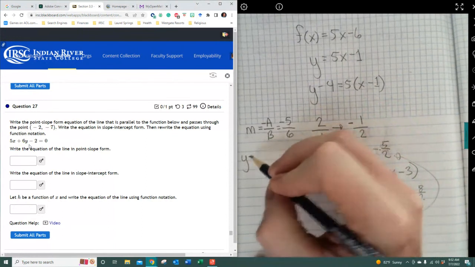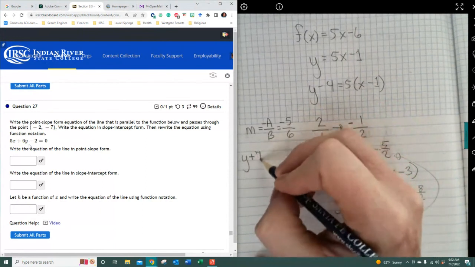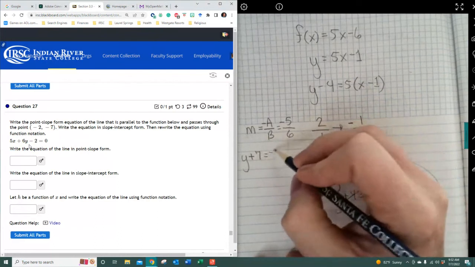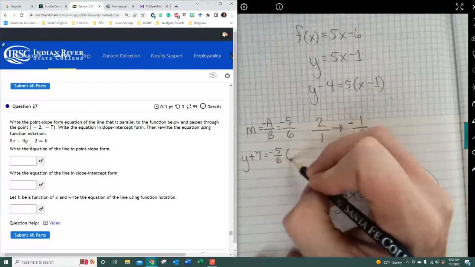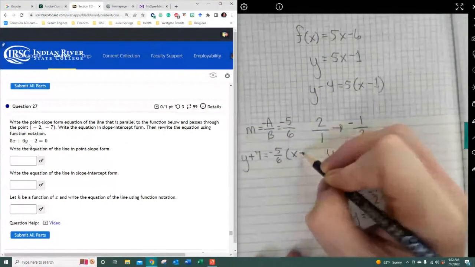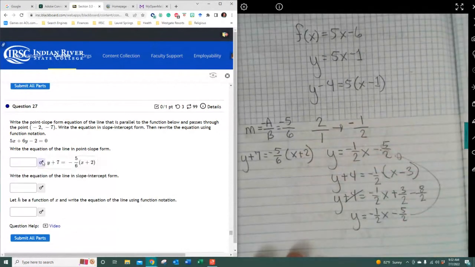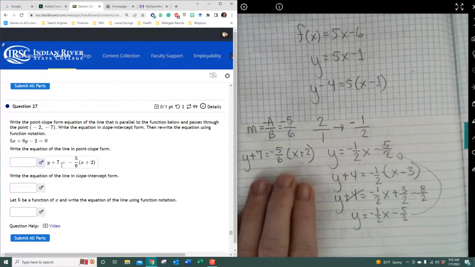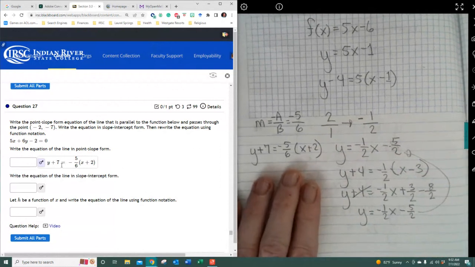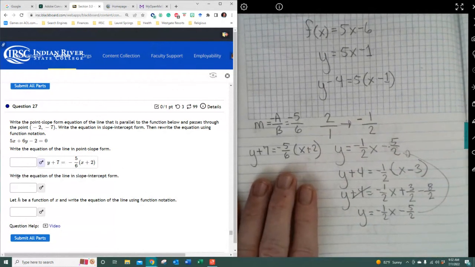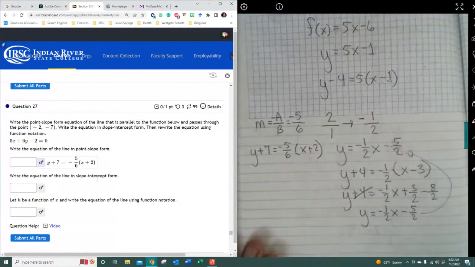All right, so y plus 7 equals -5/6 of x plus 2. That's the equation in point slope form. Okay, got that one right. Good thing. All right. Now write the equation in slope intercept form.